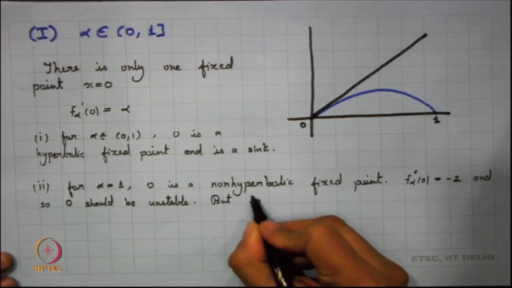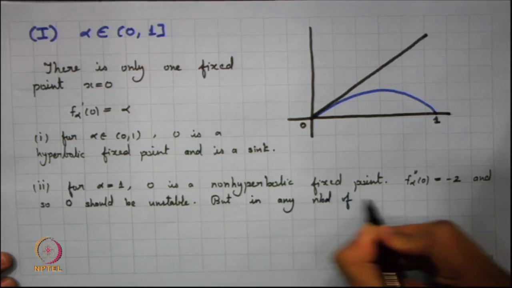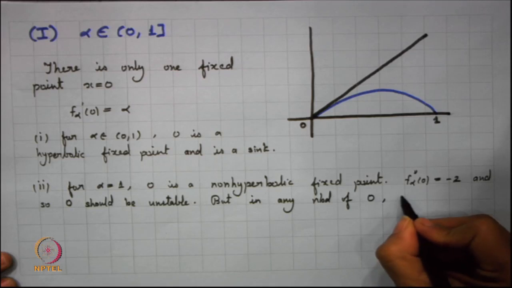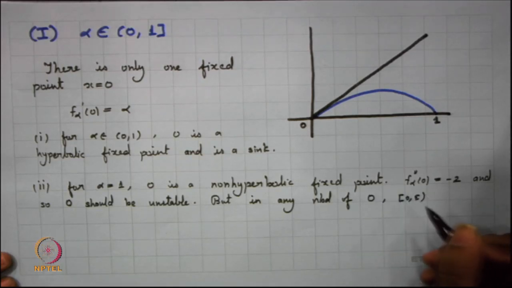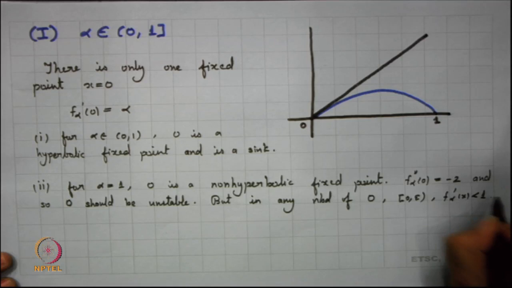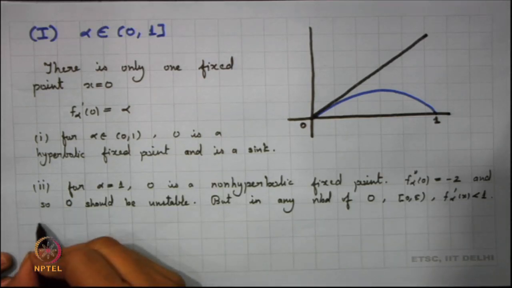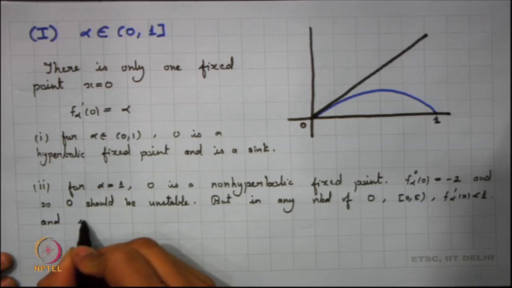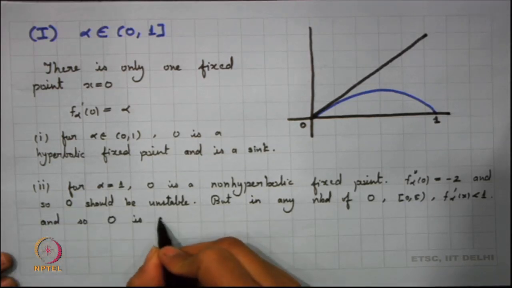In any neighborhood of 0, that is, a neighborhood like (0, epsilon), we find that f alpha prime at x is less than 1, f alpha prime decreases there, and so this fixed point 0 is a sink here.